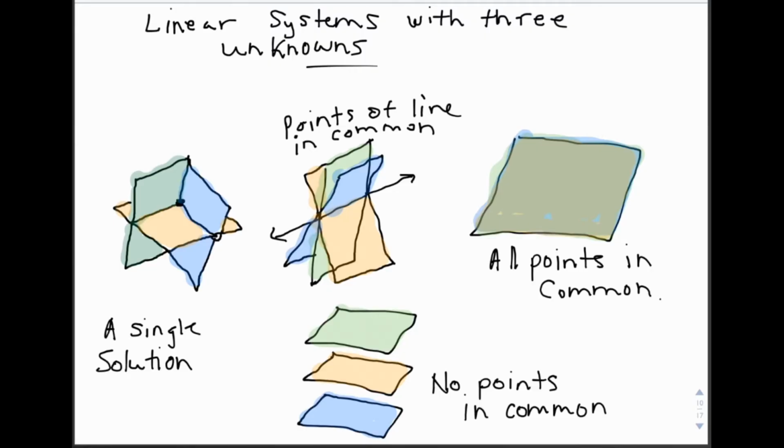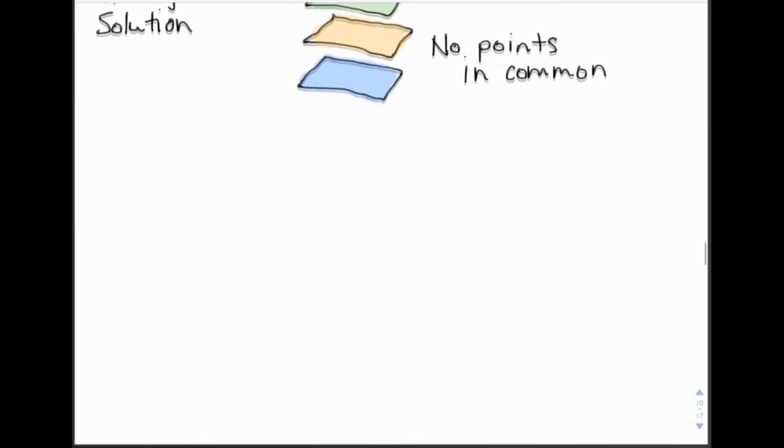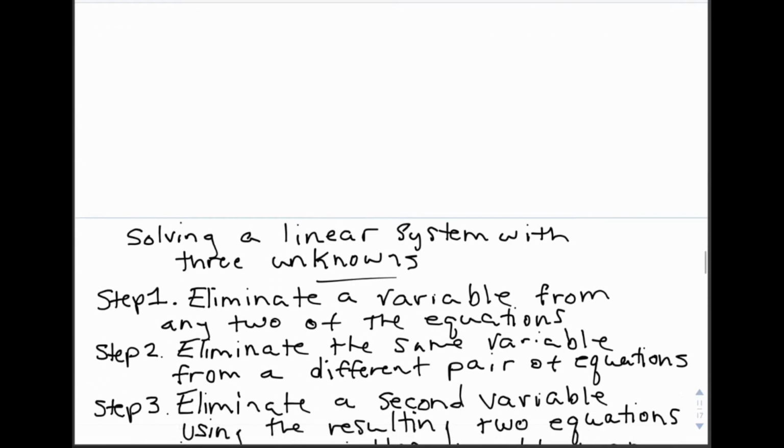Additionally, they might be stacked in such a way that they have a line in common. And we could also think about them having all points in common if they are all stacked on top of each other and able to pass through one another. Our last example here is that they have no points in common, meaning that those pieces of paper are not touching one another. So keep this in mind when we solve for 3 variables.